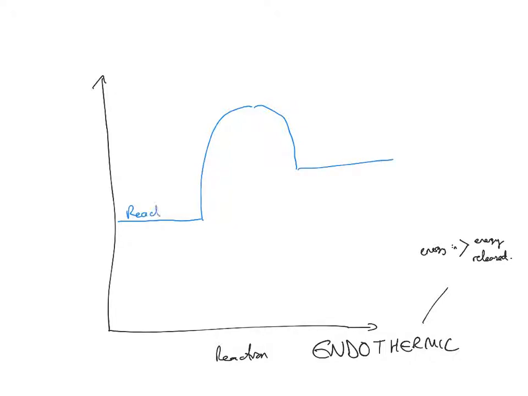So these are my reactants. These are my products. Here is the amount of energy I need to take in, and here is the amount of energy released.